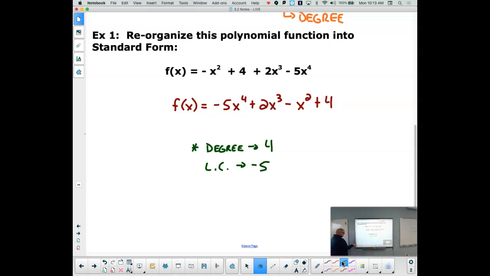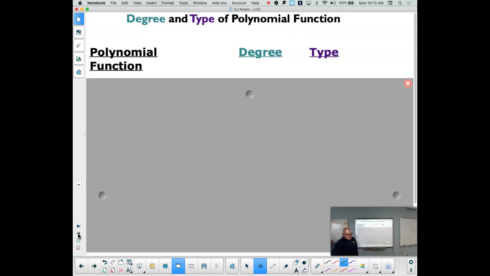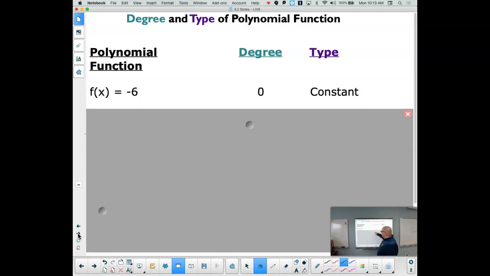Now, let's talk some functions, some different kinds of functions based off of their degree and their type. The first function that we have is called a constant function. In function notation, it would be f of x equals some number. That would be the form of it, if you will.